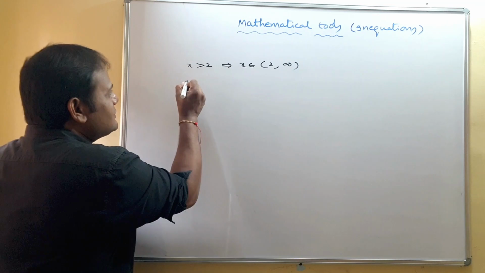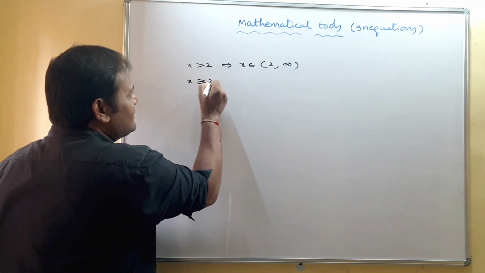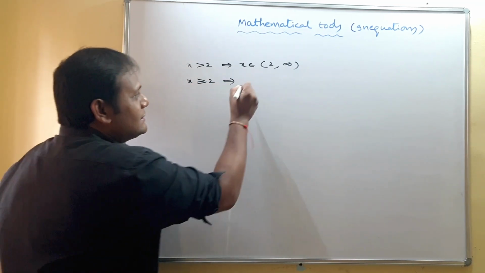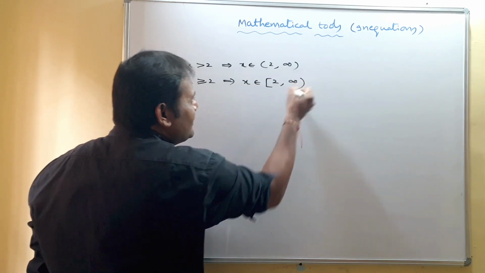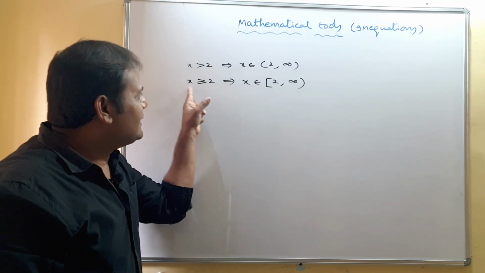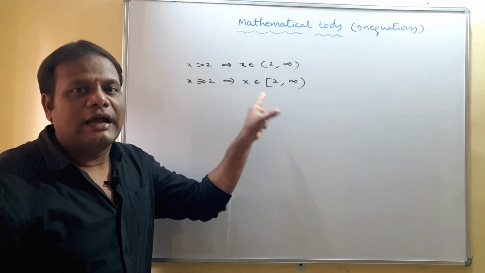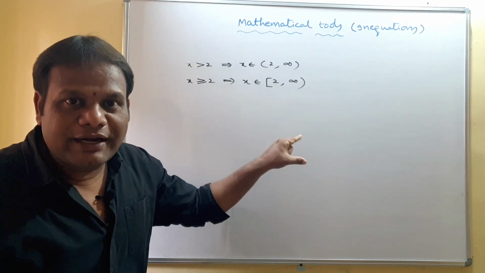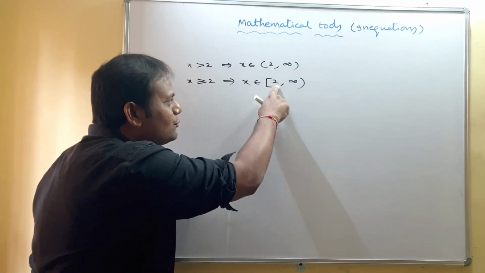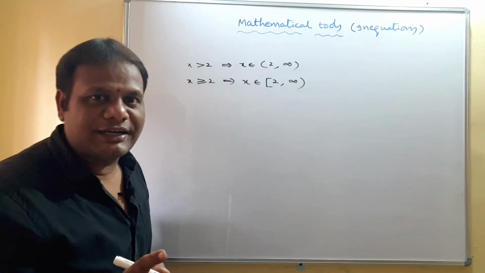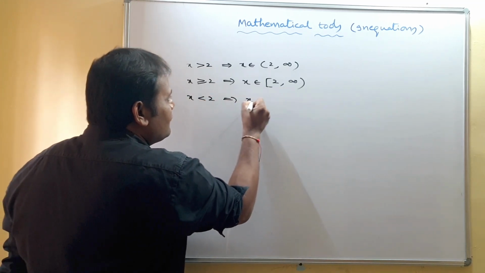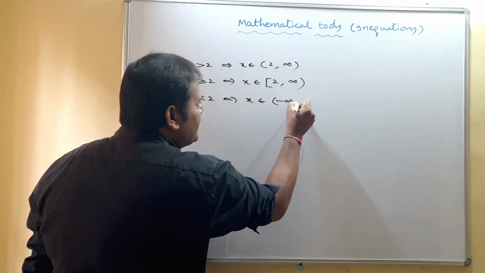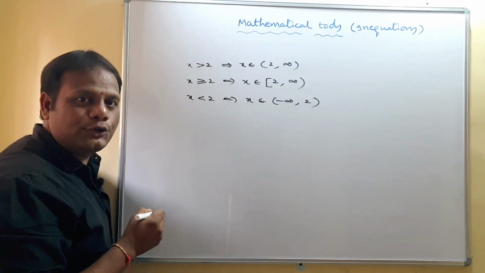And suppose if it is x greater than or equal to 2, then x belongs to closed interval 2 to infinity. Why? Because you can take every value more than 2 and also 2 included. That is the reason at 2 I have taken closed interval. Suppose if it is x less than 2, then we can write it as open interval minus infinity to 2.